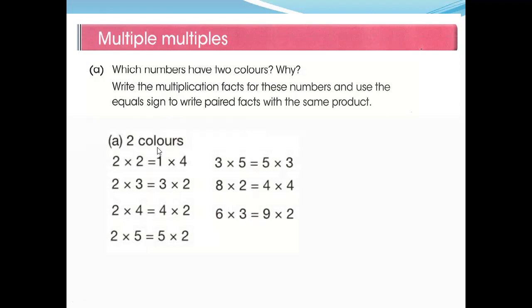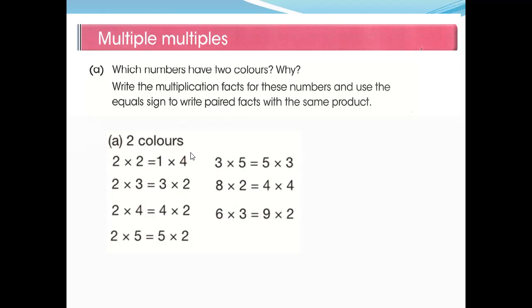If you write the table you can find 2 multiply 2 equals 4 and 1 multiply 4 also equals 4. Okay, so this one's answer is the same, so we write in these two tables, these boxes have the same color. 2 multiply 2 and 1 multiply 4, and no other table has this answer, so just two colors.